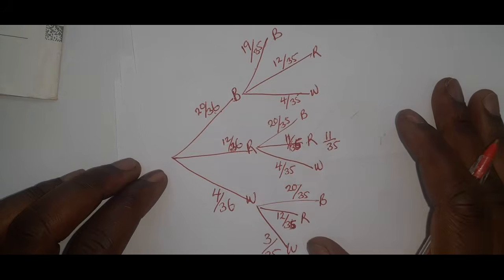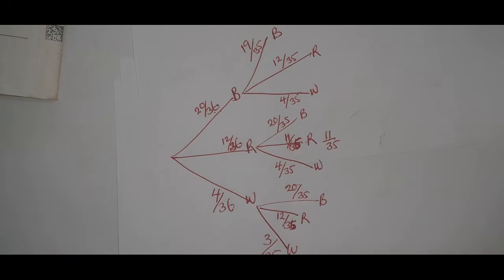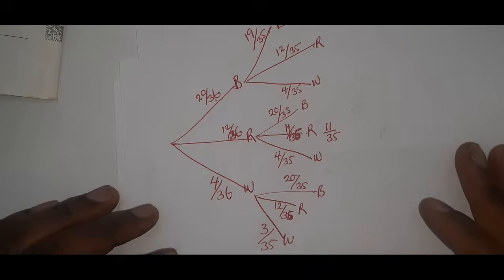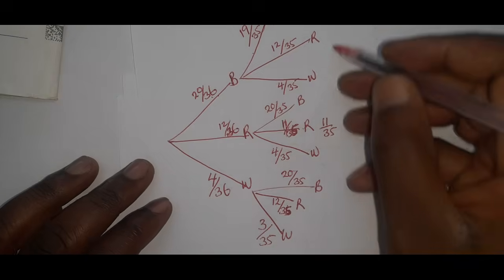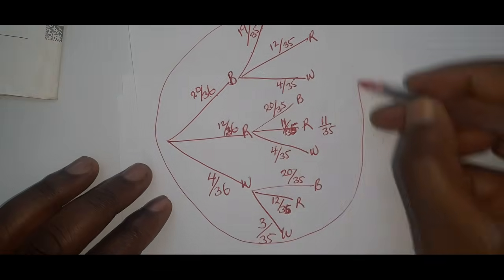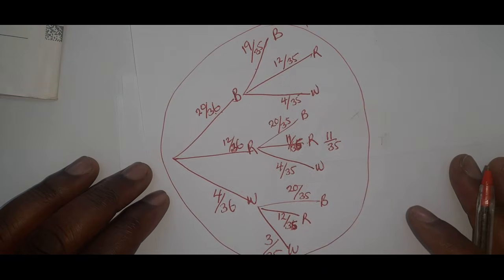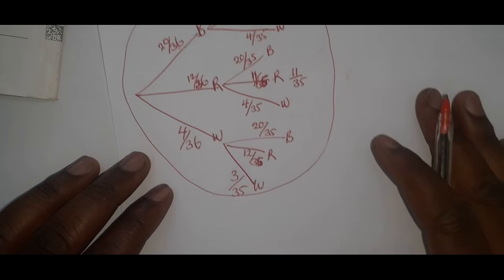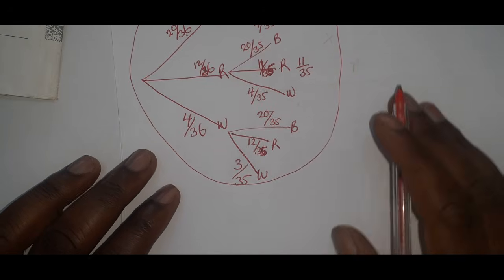So this is how the tree diagram is going to appear, and this is what is expected of you to write as your answer for A, Roman numeral 1. Then, what is the probability that both patterns are white?